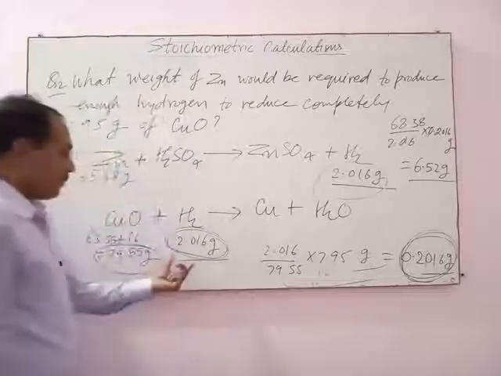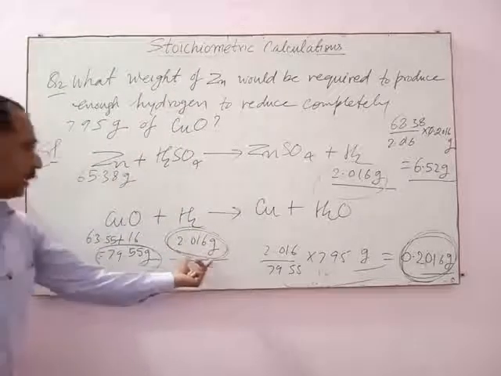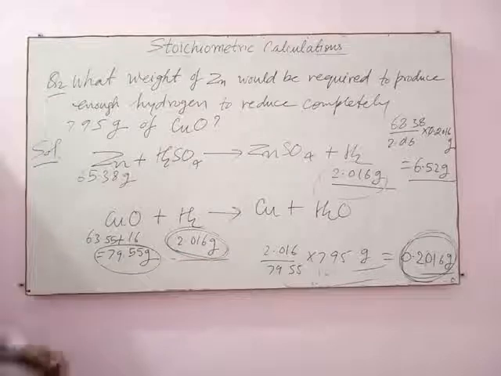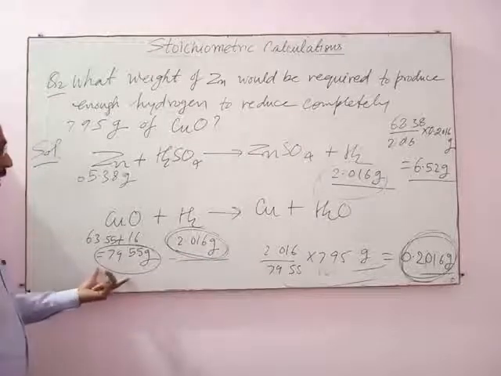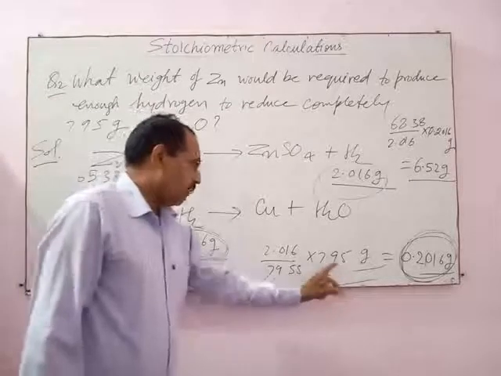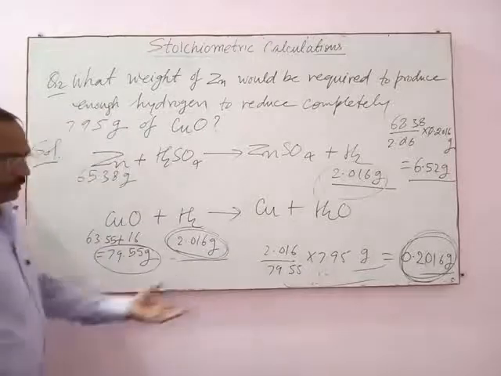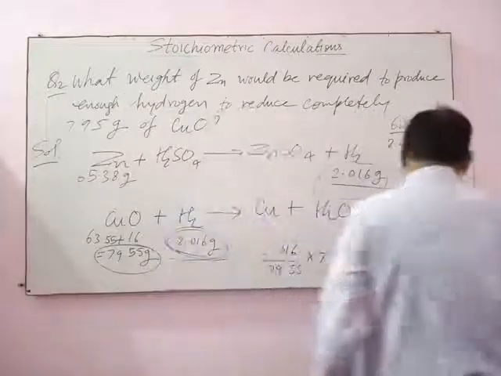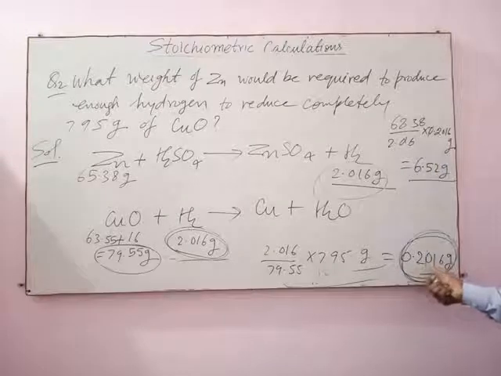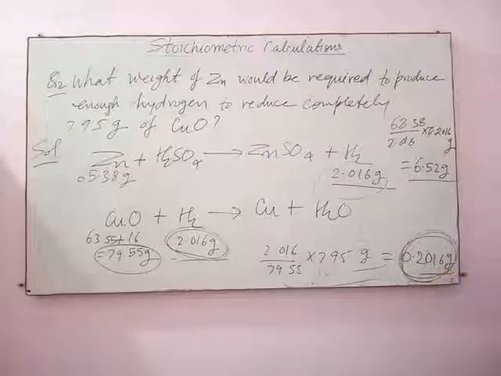So what is the mass of hydrogen required for the reduction of 7.95 grams of copper oxide? And this comes equal to 0.2016 grams.